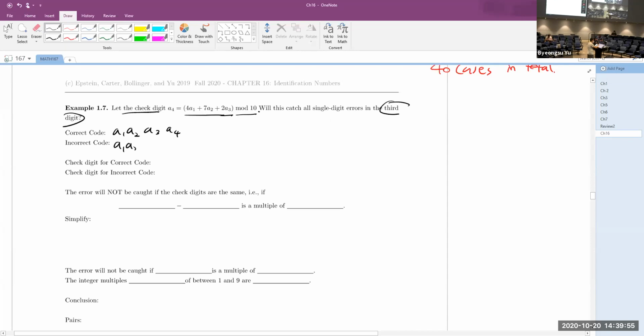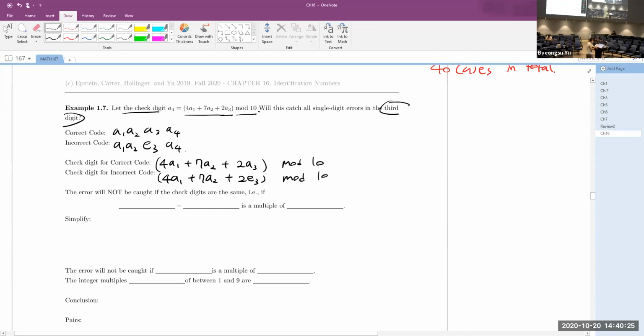And the incorrect code is A1, A2, E3, A4. So the check digit for the correct code is 4A1 plus 7A2 plus 2A3 mod 10, and the check digit for the incorrect code is 4A1 plus 7A2 plus 2E3 mod 10.